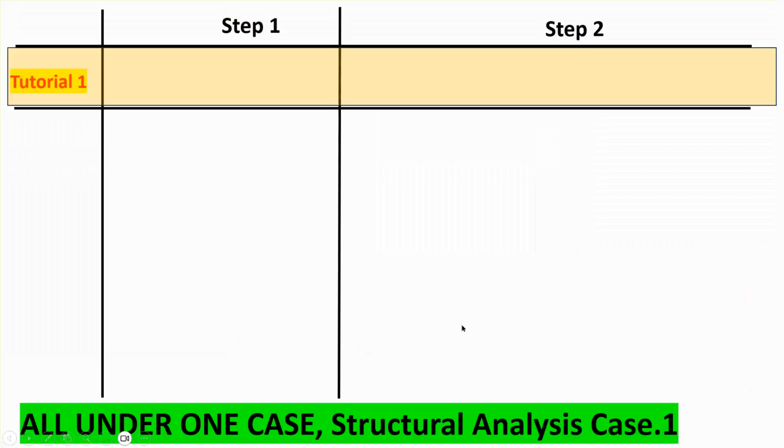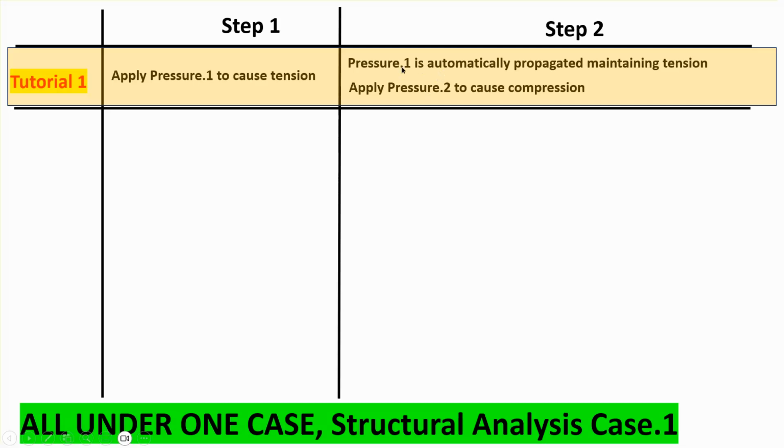Now, how are these tutorials broken down? Tutorial 1, which is the present one, I'm going to do in 2 steps. First, I apply pressure on the right side, 3,000 psi, to cause a tension, so that thing stretches, elongates. And then this pressure, if I don't do anything about it in step 2, is automatically propagated.